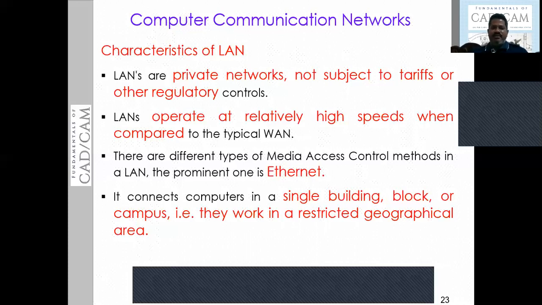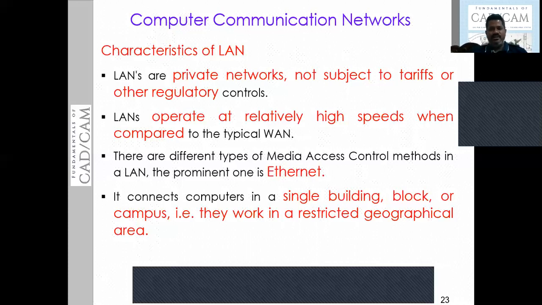There are different types of media access control methods in LAN. The prominent one is Ethernet. Ethernet means you have one junction, and at that junction you can directly connect if you want. That is one type of media access control. It connects the computers in a single building, block, or campus, in a restricted geographical area.